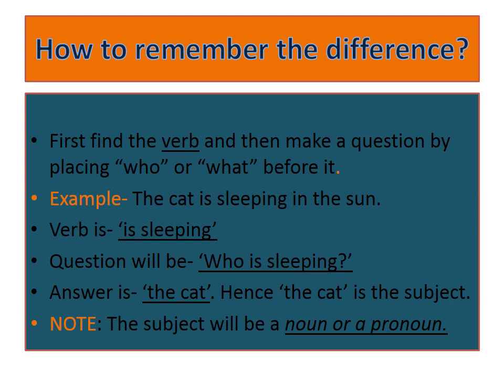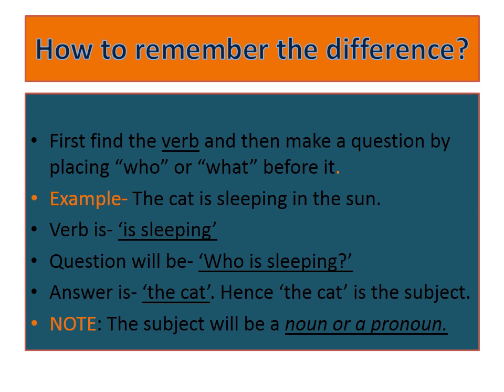So students, the steps are same. First you will find out the verb of the sentence. Then you will ask a question by placing who or what before it. What the answer comes to the question will be the subject.